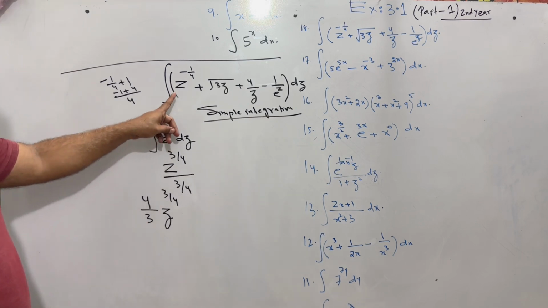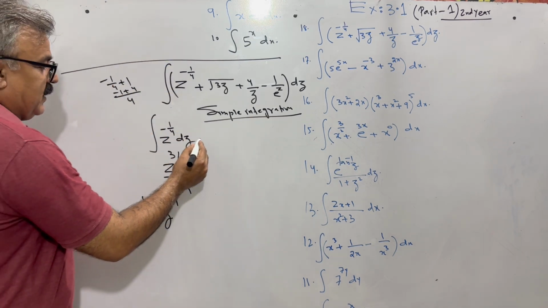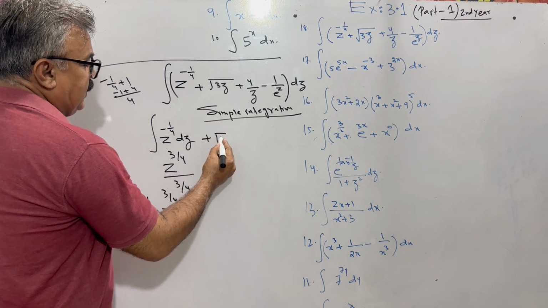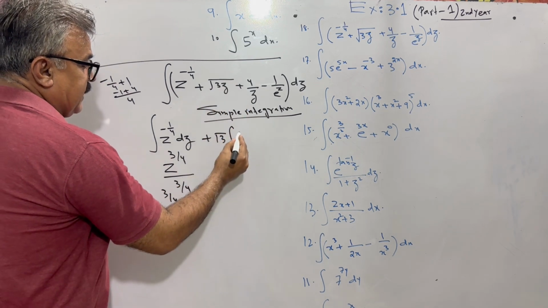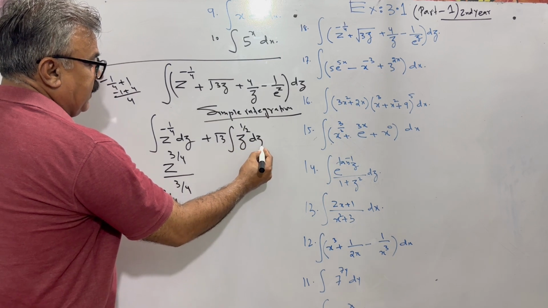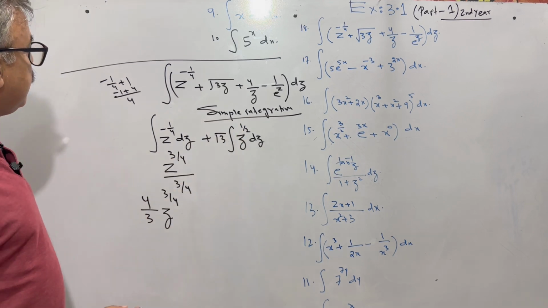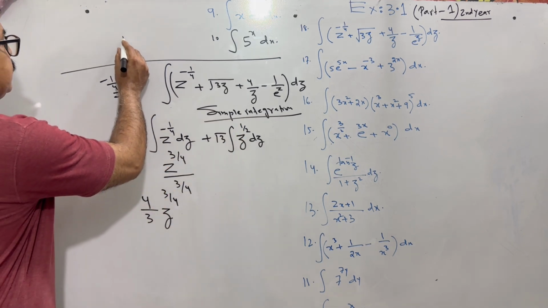I have handled just the first term in order to give you a good view. It's simple integration. What about the next? Under root, 3 is a constant. Root z can be written as z raised 1 over 2. It is also a simple case. Add 1 to it: 1 over 2 plus 1, taking LCM, gives us 3 over 2.